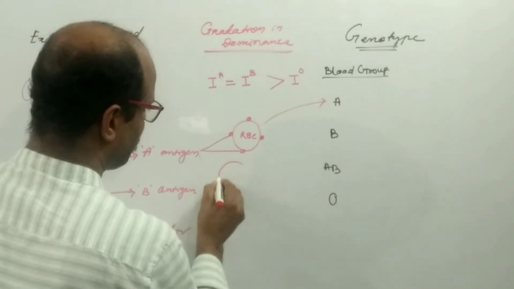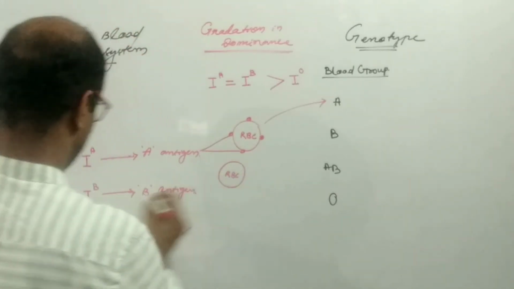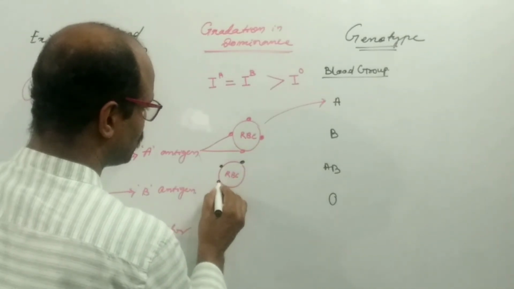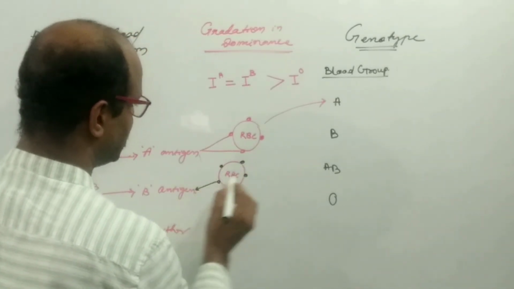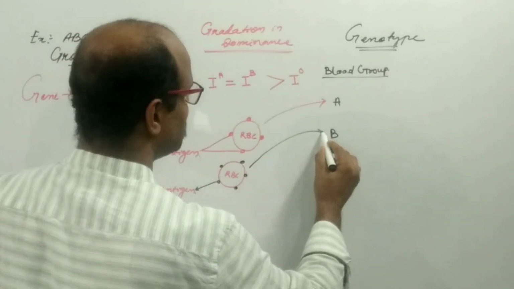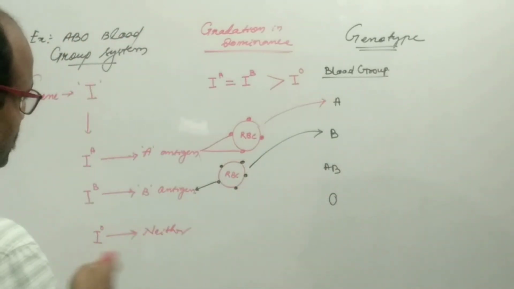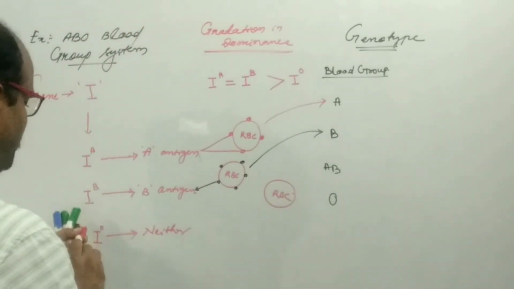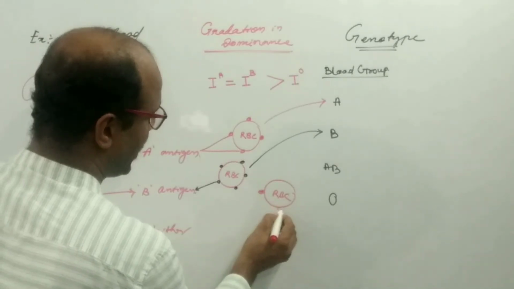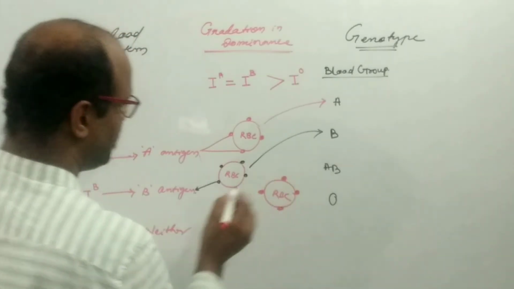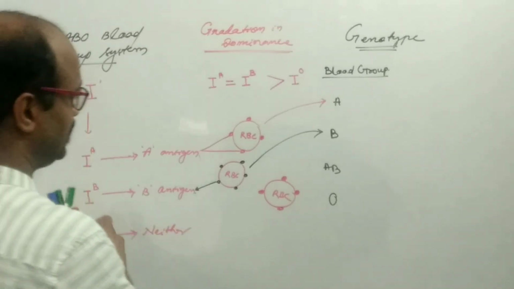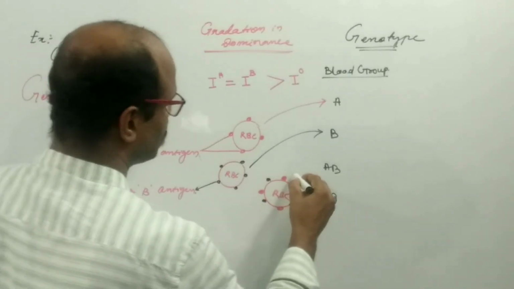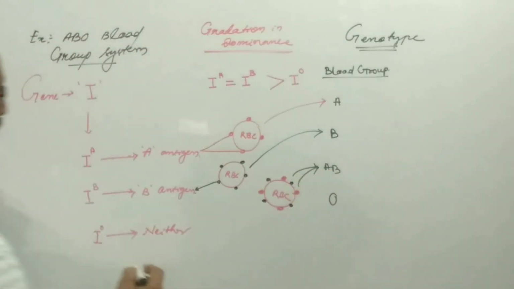If on the surface of RBC there is only B type of antigen, now the blood group is known as B. If the surface of RBC contains both types of antigen, A type and B type, now the blood group is known as AB type.